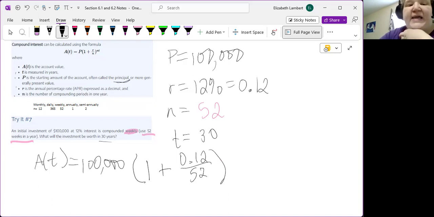And then this is raised to the n times t. I'm going to put a little set of parentheses up here because if you forget these when you calculate, it goes wrong. So I can plug in whatever number I want for t, and this will tell me what is in the account after that many years.